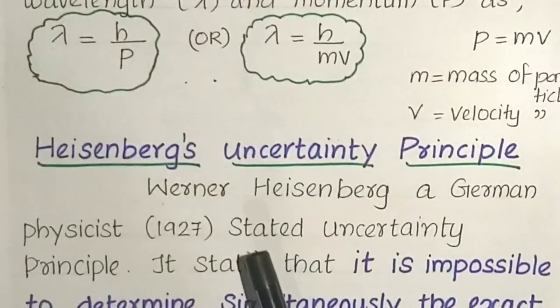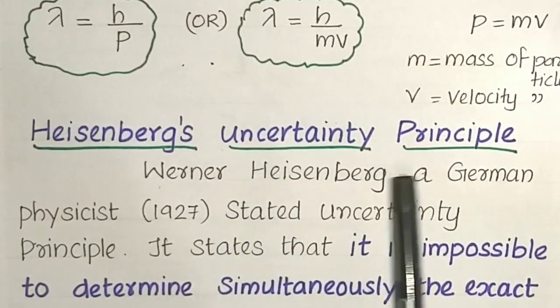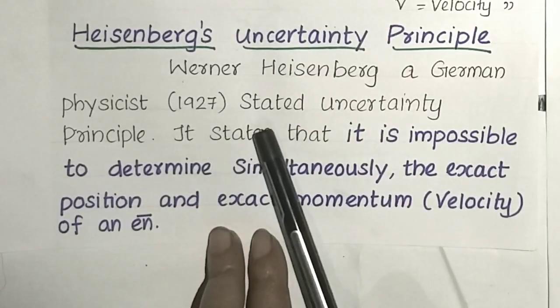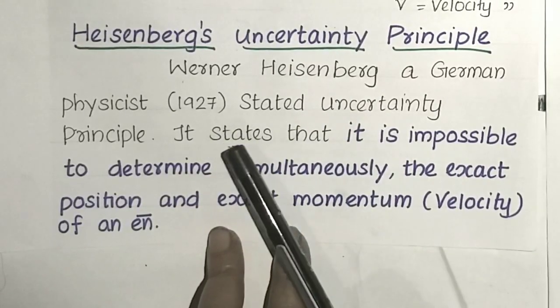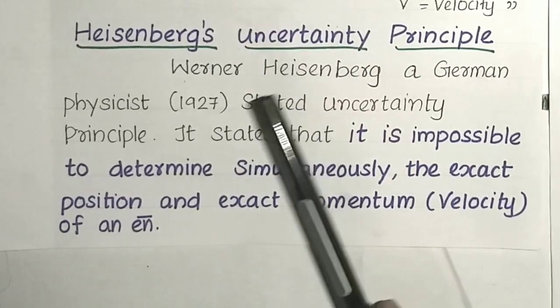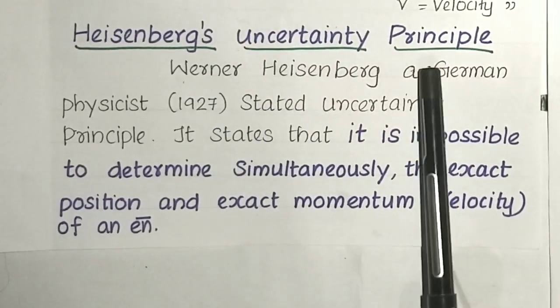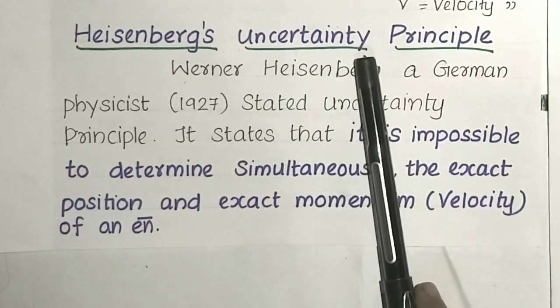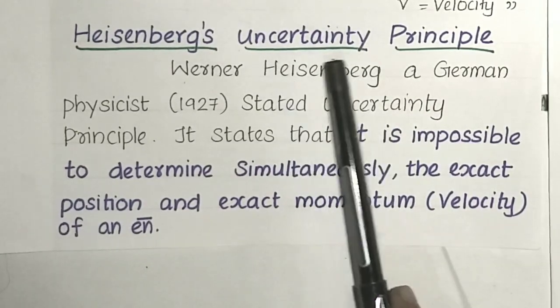Next, our portion is Heisenberg's uncertainty principle. Werner Heisenberg in 1927 stated the uncertainty principle. It is a very important one. Uncertainty means not certain, not certain means not accurate.